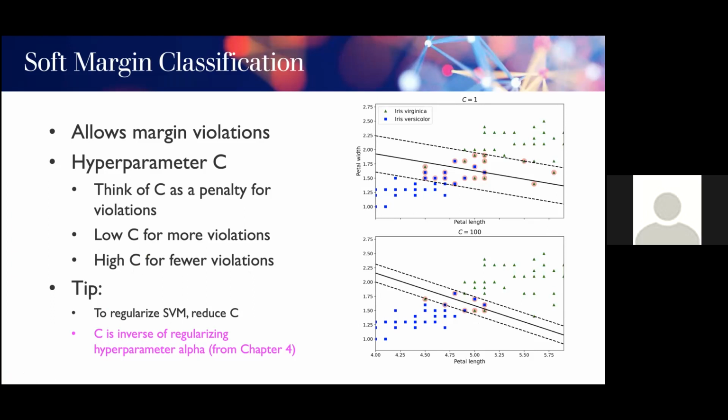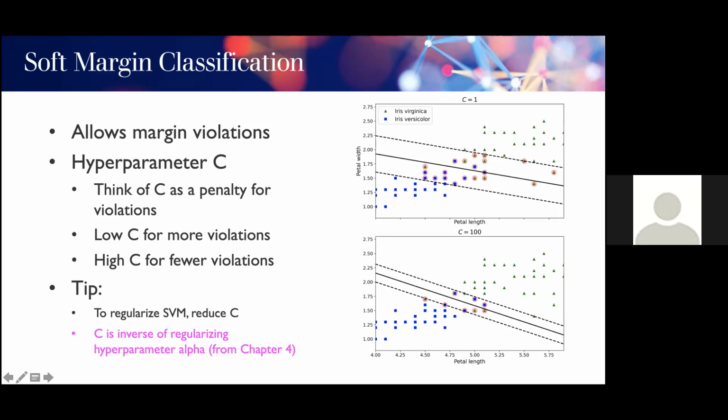So just note that C is the inverse of alpha, and so they behave in the opposite way. Just remember that as we go along the book; we will build a lot more intuition of what that C means. But this is just an interesting connection back to chapter 4. We will also be using it in later chapters.